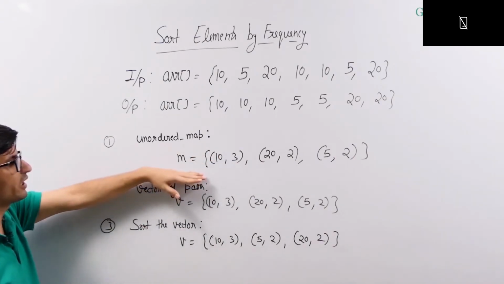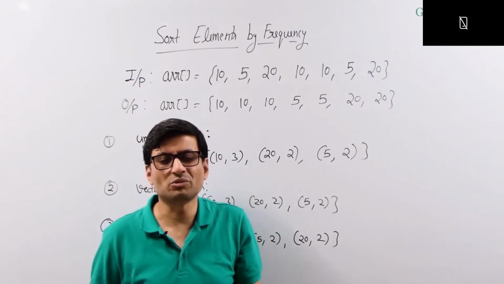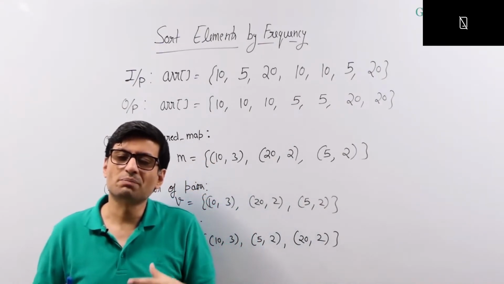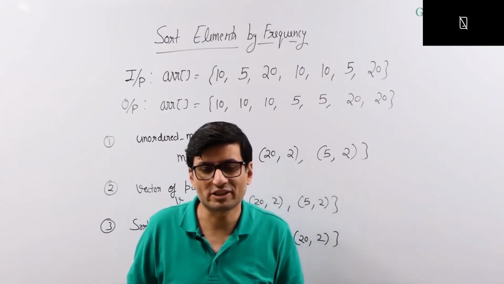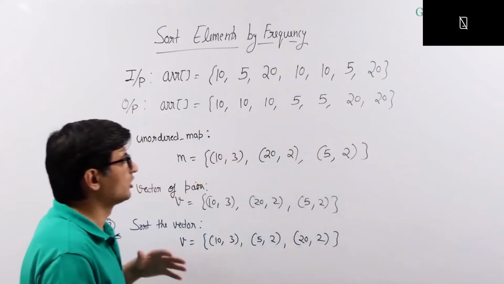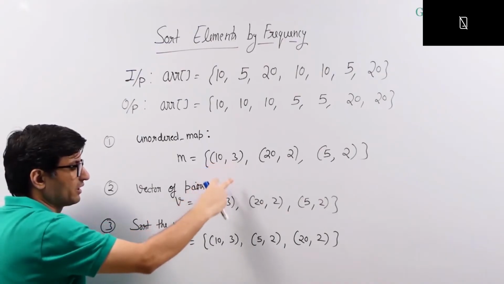Now once we have built an unordered map, how do we sort these items according to the second value of the pairs? So what we do is we put these items into a vector because vector is a random access container and we can sort the vector using sort function. So we traverse through this unordered map and we put these pairs in a vector.